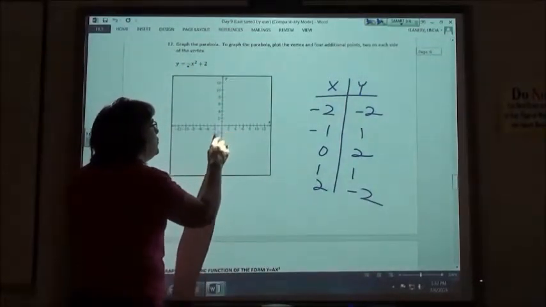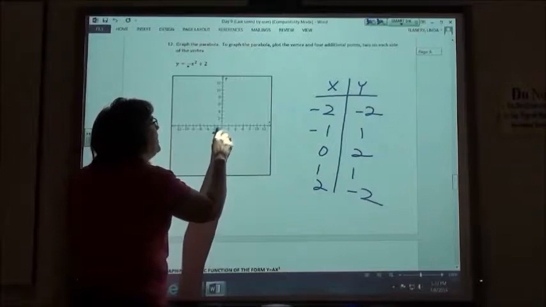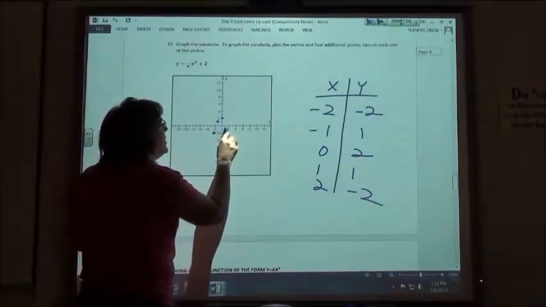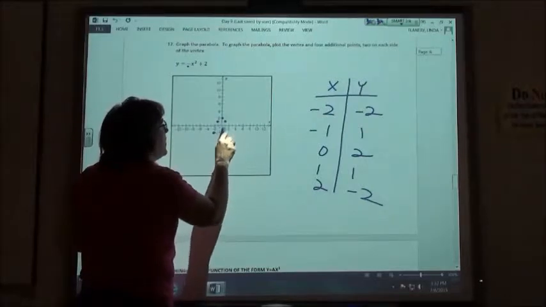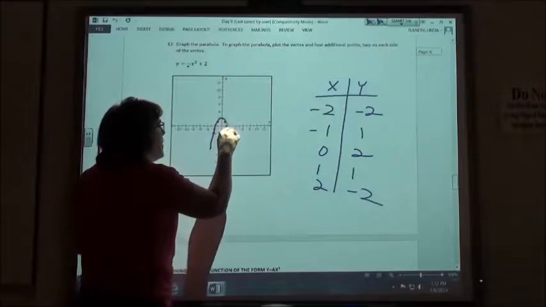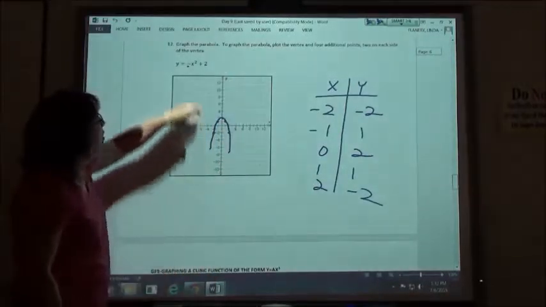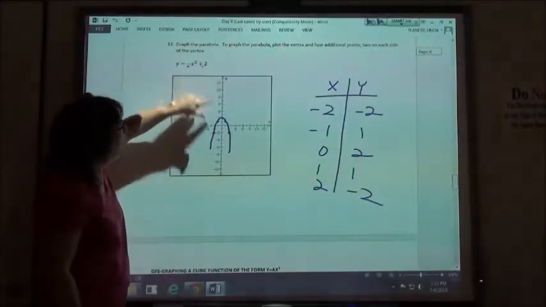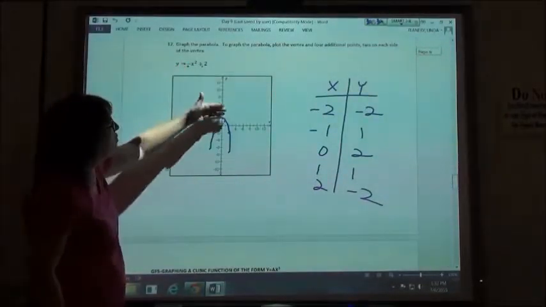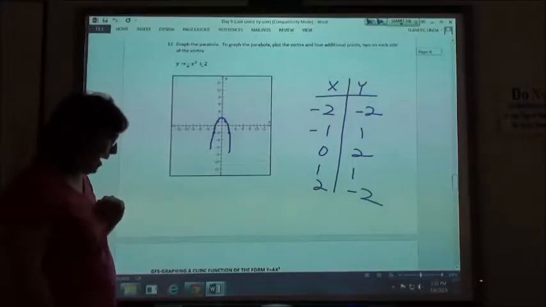So negative 2, negative 2, negative 1, positive 1, 0, 2, positive 1, positive 1, and positive 2, negative 2. And then, of course, I can draw my parabola. Again, this one, my y-intercept is at plus 2. It has a negative coefficient, so my parabola is going upside down.